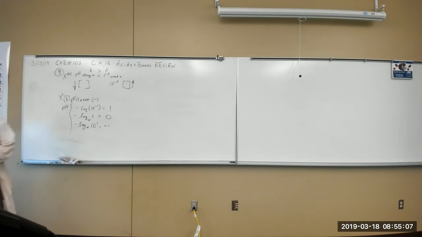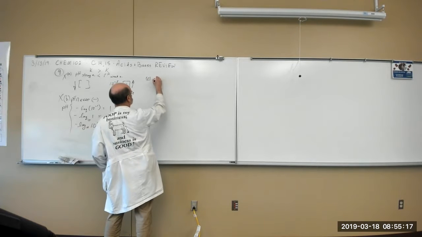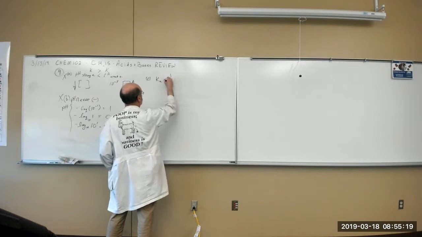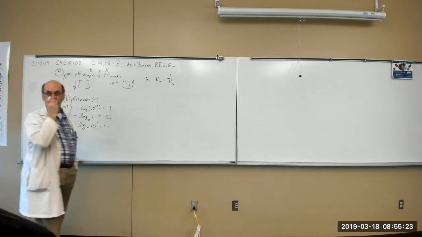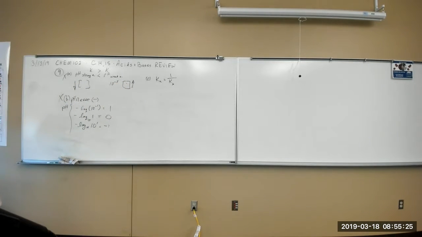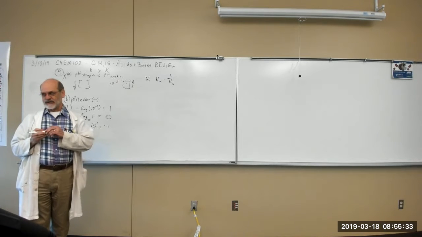Okay, so C, for a conjugate acid-base pair, Ka equals 1 over Kb. Is that true? We derived the formula for calculating Kb from Ka. It wasn't that.